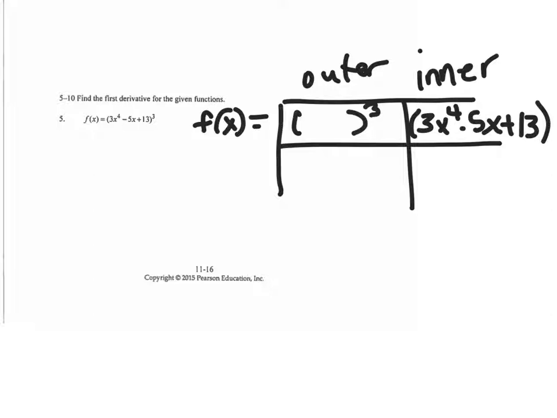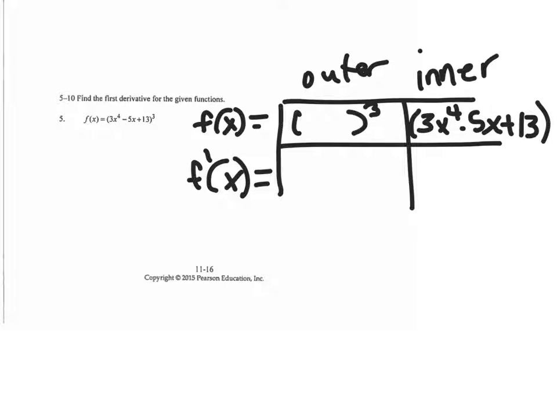Now, to use the chain rule, we're going to have to take the derivative of each of these. You have to take the derivative of the outer function and then come back and take the derivative of the inner function and multiply them together. So think of this open parentheses. There was something cubed. All right?